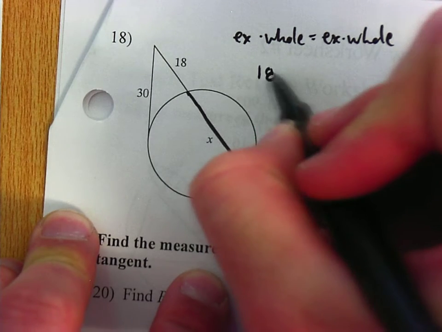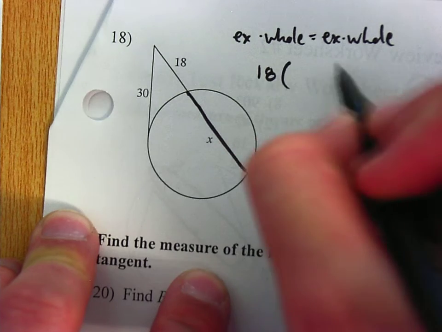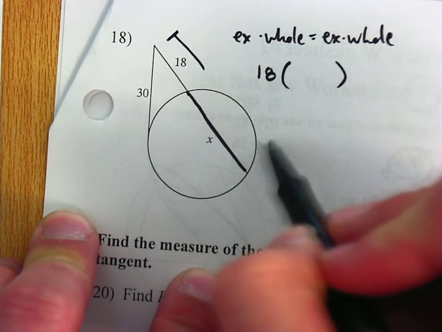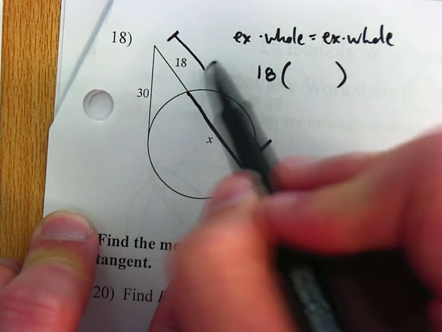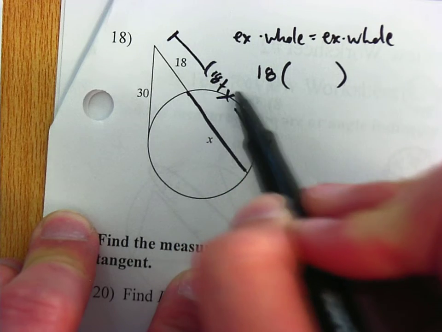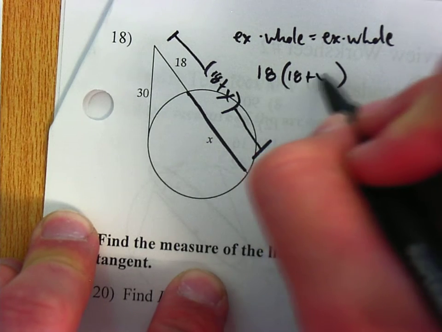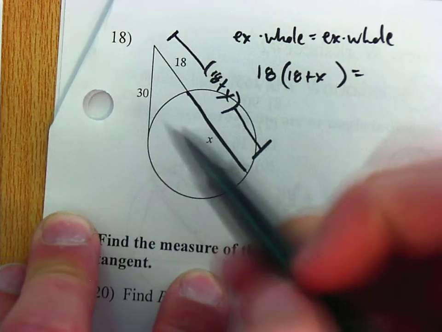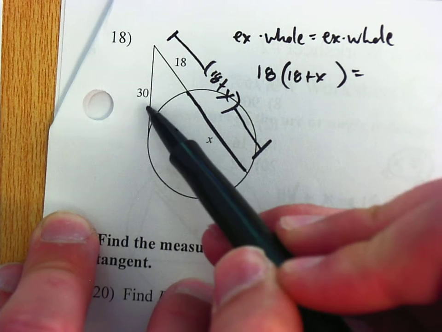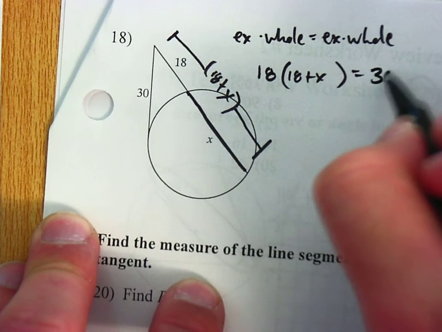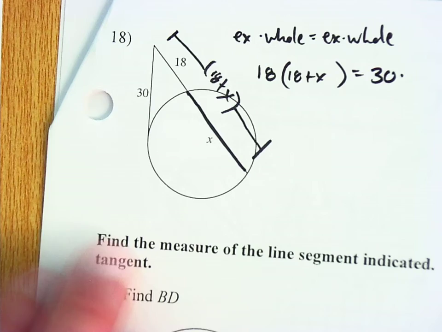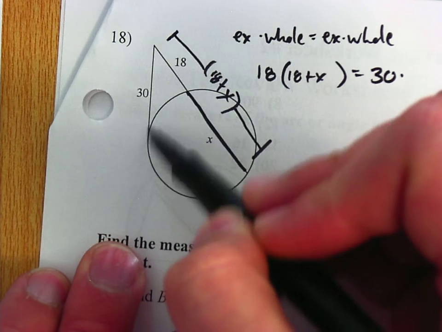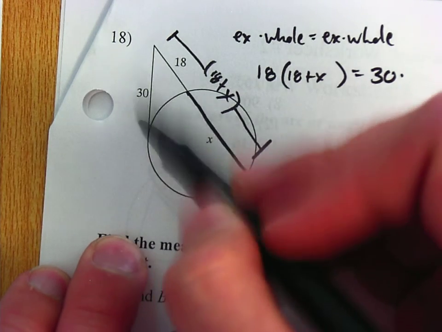It's 18. And then we're going to need to times it by the whole thing. Well, we just add these together, 18 plus x. Then over here, again, the external part, really easy. It's 30. It's outside of the circle. We just want to be sure we don't get mixed up. Since there's nothing to add, this is also the whole.